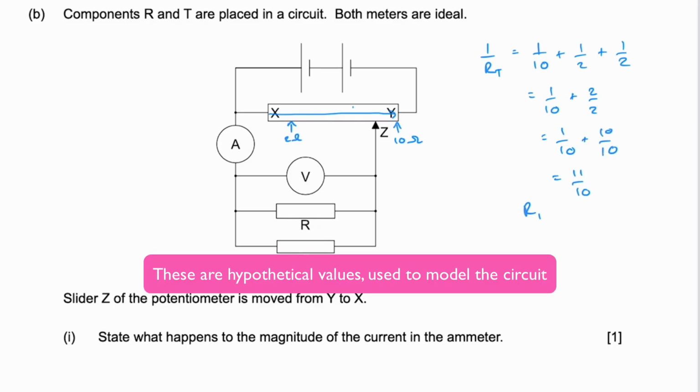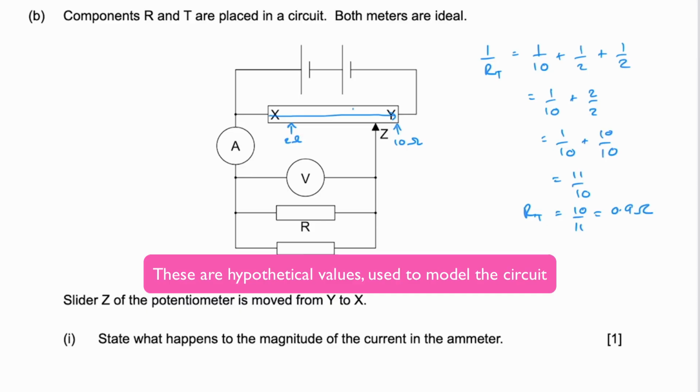So the total resistance of that whole circuit is 10 over 11, which is 0.9 ohms. So when the Z is here, the total resistance of the whole circuit is 0.9 ohms.